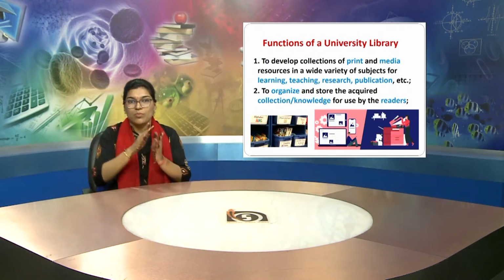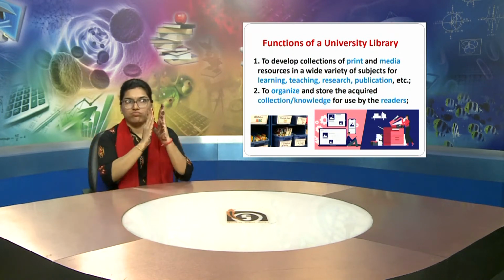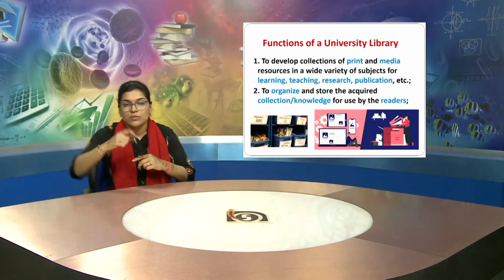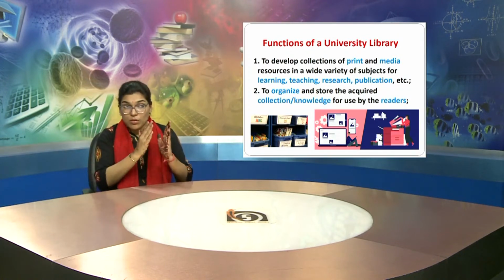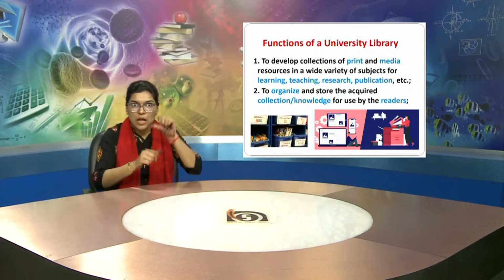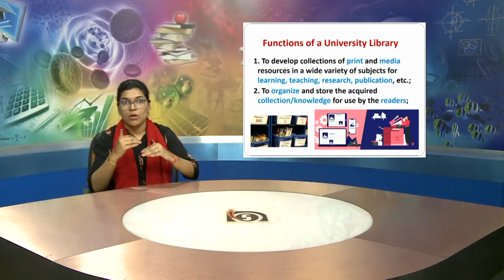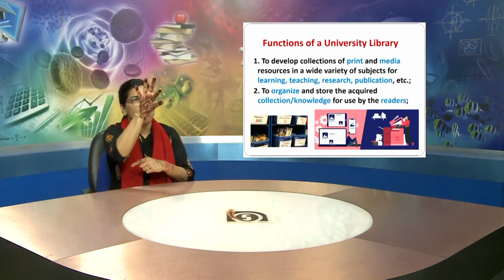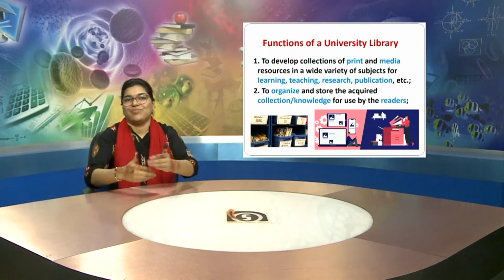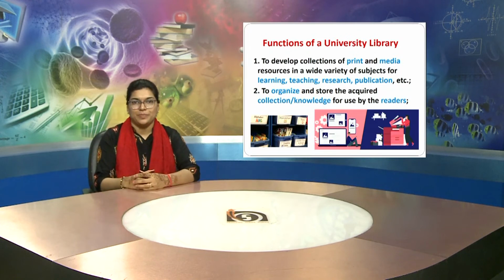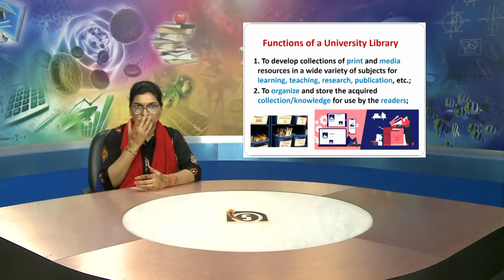Another function is to organize and store the acquired collection or knowledge for use by the readers. There are different subjects which are needed for the students so that they can approach the library.